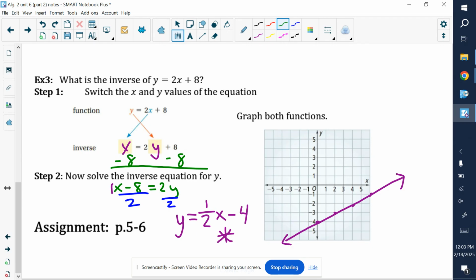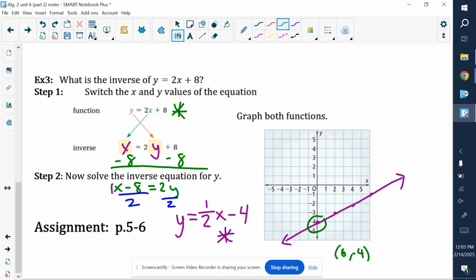And then I'm also going to graph my original, so I'll color code that. Well, that technically has a y-intercept of 8, but I can't fit that on my graph. So something that I could do is, I knew the inverse had the point 0, negative 4.